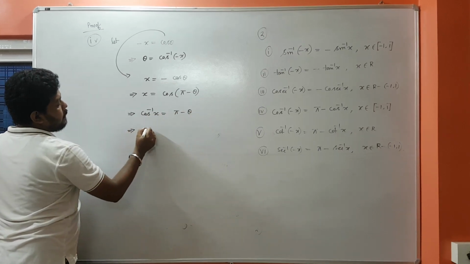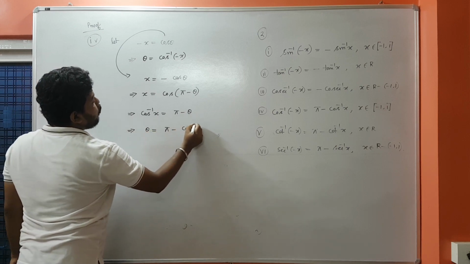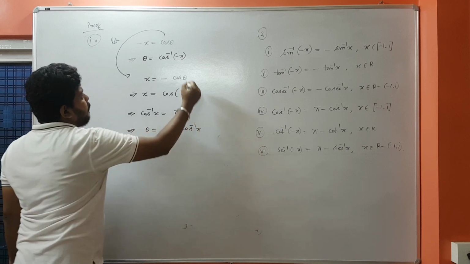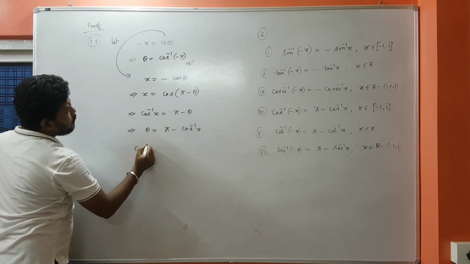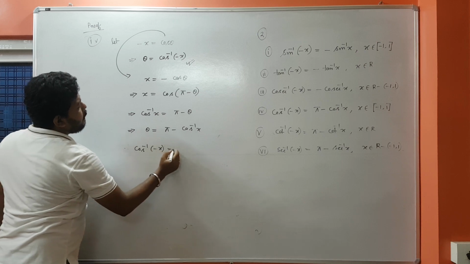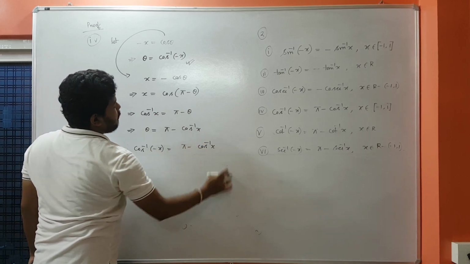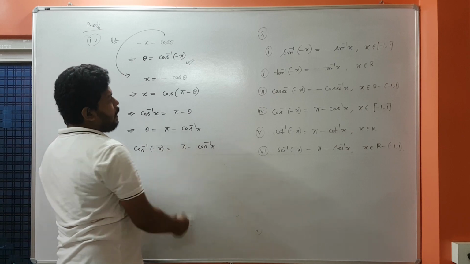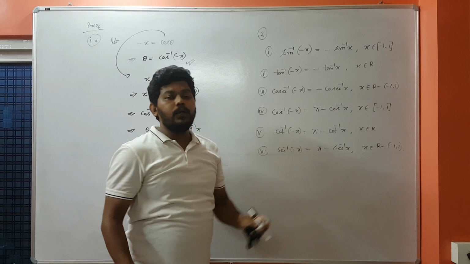That is, theta is equal to pi minus cos inverse of x. Now, from here we can say theta is equal to cos inverse of minus x is equal to pi minus cos inverse of x, where the domain of cos inverse of x is minus 1 to plus 1.